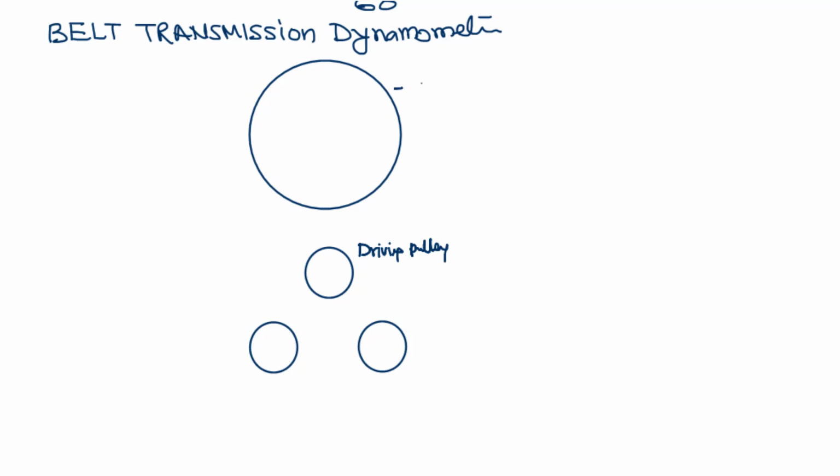And this is the driven pulley. Pulley 1 and pulley 2, these are the idler pulleys, which are on a lever.